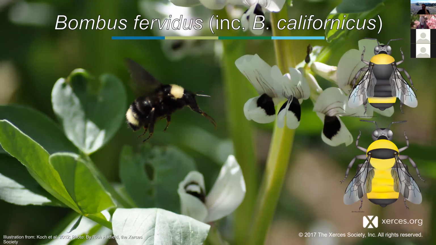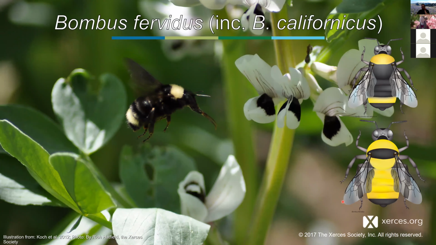And here's Bombus fervidus or Bombus californicus. There's a sort of a west side californicus color form, which is the one you see pictured here. There's also a yellow color form, but there's also intermediaries between these. So you'll find some with only some yellow up here, and you'll see both extremes as well. The further east you go, the more likely you are to see the yellow color form here.